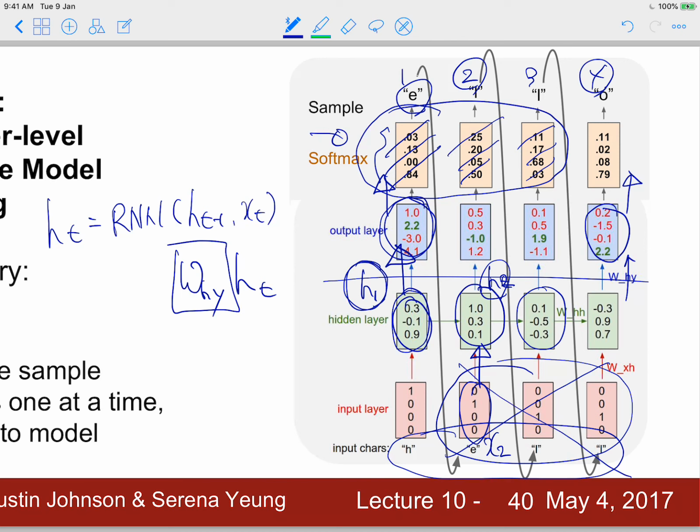How can we remove them? We can simply supply 0 vectors at the subsequent time steps, right? So we just provide the 0 vectors, okay?